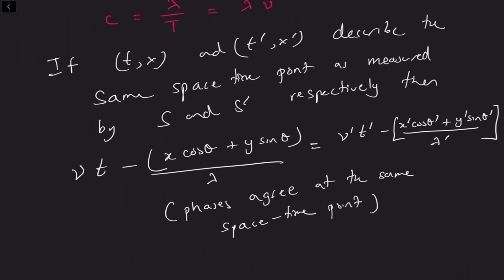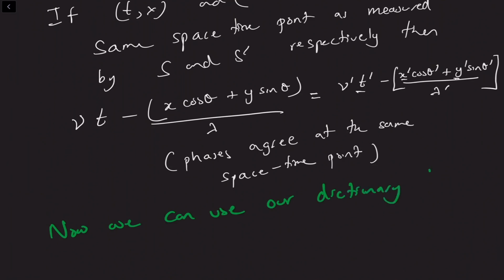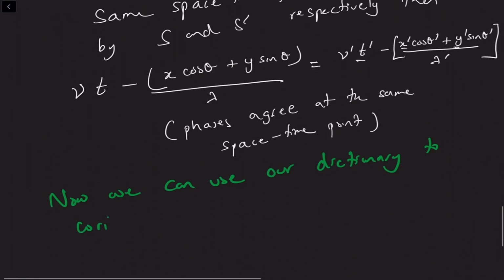Now we can use our dictionary and write x prime, y prime, and t prime in terms of x, y, and t.